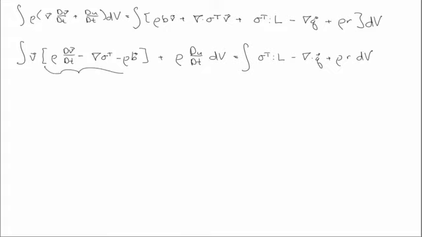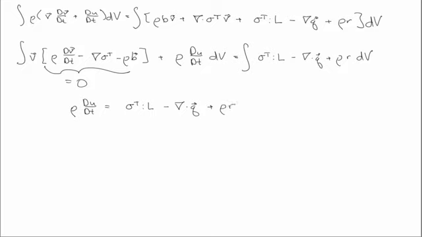What's this guy? It's the equilibrium equation, conservation of momentum, right? So that's equal to 0. So, for arbitrary dv, then you'd have rho du dt is equal to sigma transpose L minus divergence of q plus rho R.